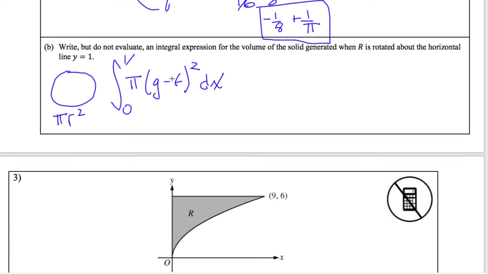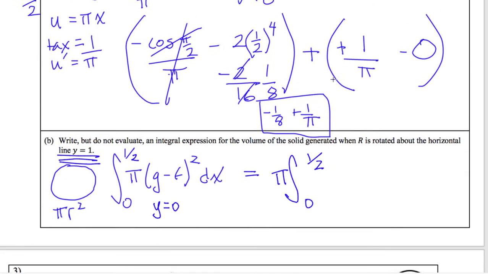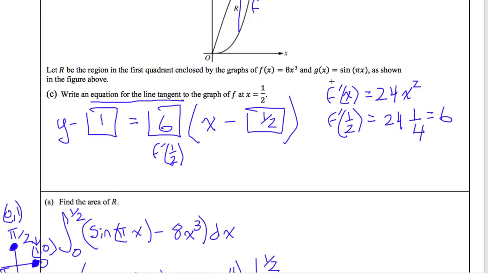So let's back up here. This would be correct if I was rotating around y equals 0, but I'm rotating around y equals 1. So my final answer is the integral from 0 to 1/2. I can pop out that pi on the left-hand side. Constants can always come outside of the integral. And then g, what is g? G is sine of pi x.